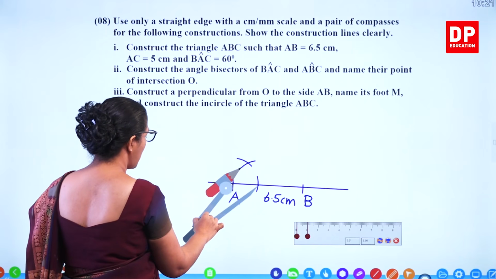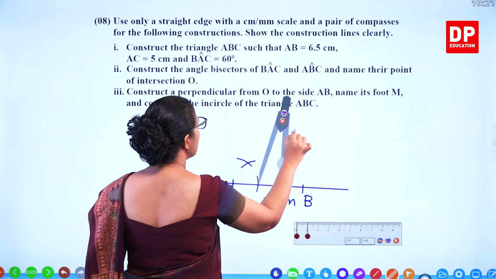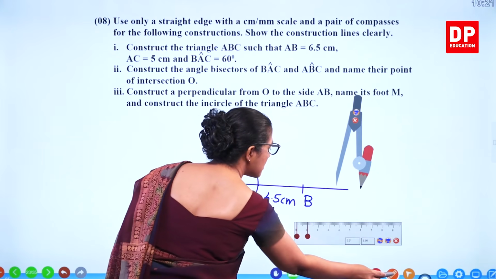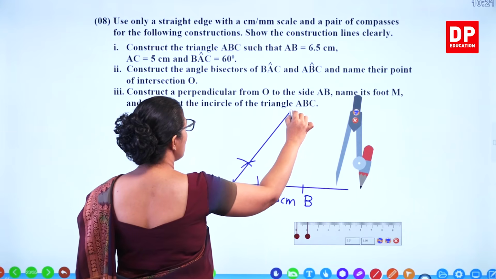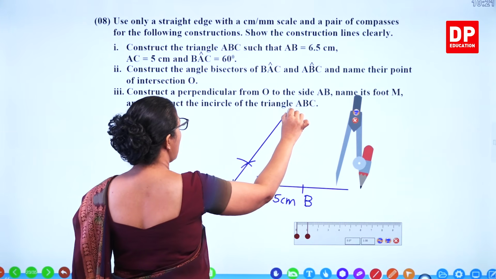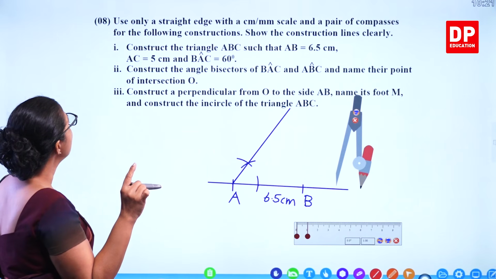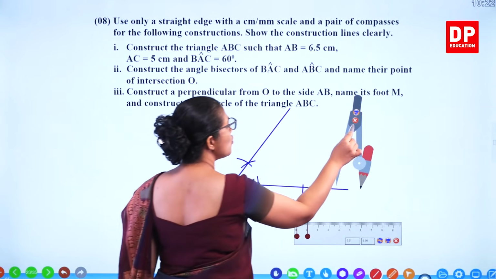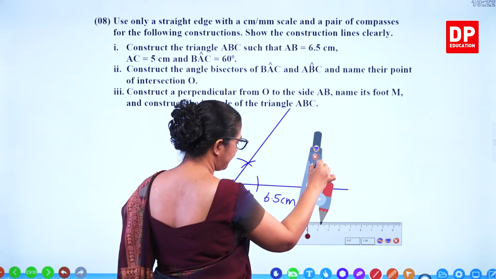So now you can take that intersecting point and connect to point A. So this is the line. Now you can mark point C. What's the AC length? That's 5 centimeters. So you need to measure 5 centimeter length.